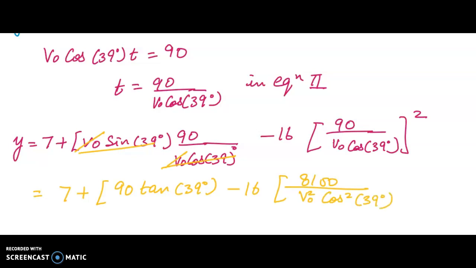Now, how did I get tangent here? Because tangent theta is nothing but sine theta over cos theta. So based on that, we will continue to simplify our equation.